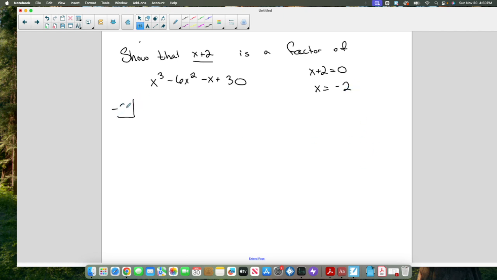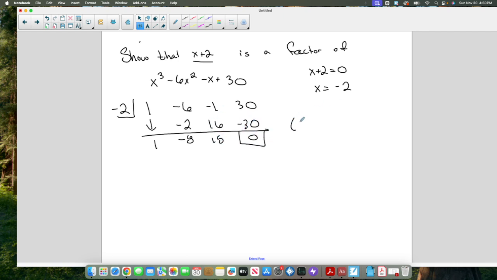Again, we put the backwards L and the leading coefficients. Drop the first one. 1 times negative 2 is negative 2, negative 8. Positive 16. Make sure we don't forget negative 8 times negative 2. 15, and then negative 30. This means that x plus 2 is a factor.